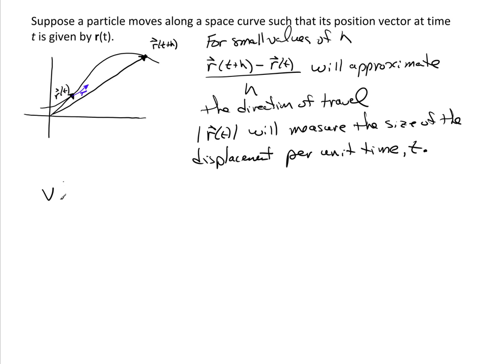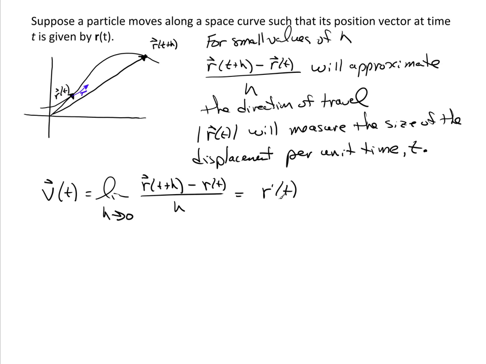Say velocity is then going to be the instantaneous amount of displacement, or it's going to be the limit as h goes to 0 of r of t plus h minus r of t over h, which we will write as r prime of t.